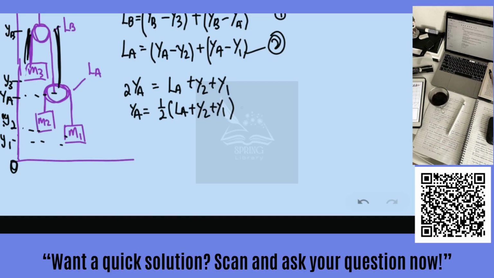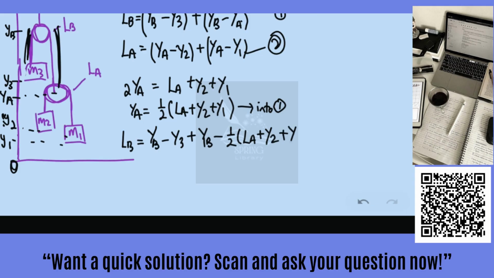Go and substitute that into equation 1. You get LB is equal to YB minus Y3 plus YB minus half of LA plus Y2 plus Y1.